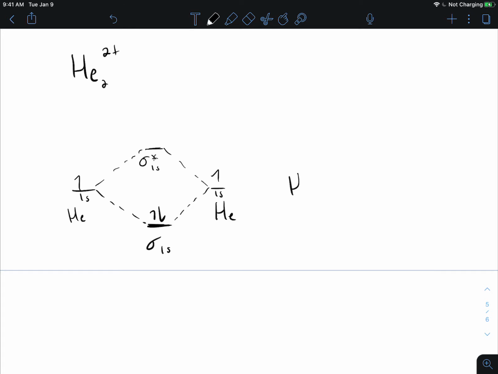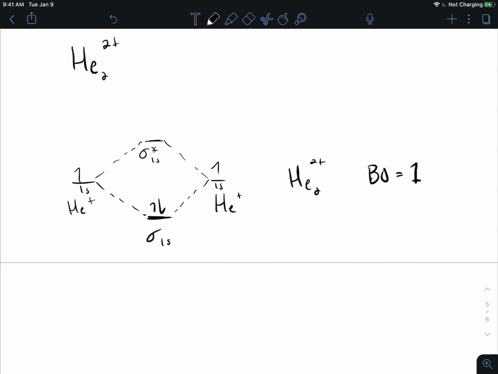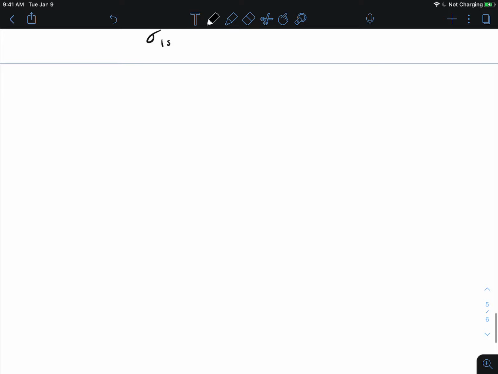So He2 2+ has a bond order equal to 1, so it will actually produce a bond. That's how we use molecular orbital theory to predict if it'll produce a bond. We call this combination of those atomic orbitals the linear combination of atomic orbitals.